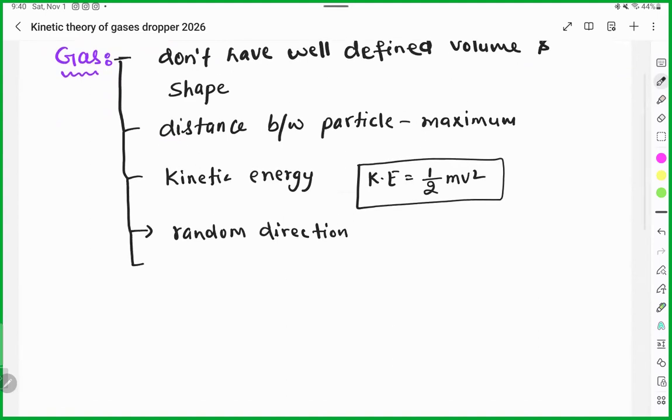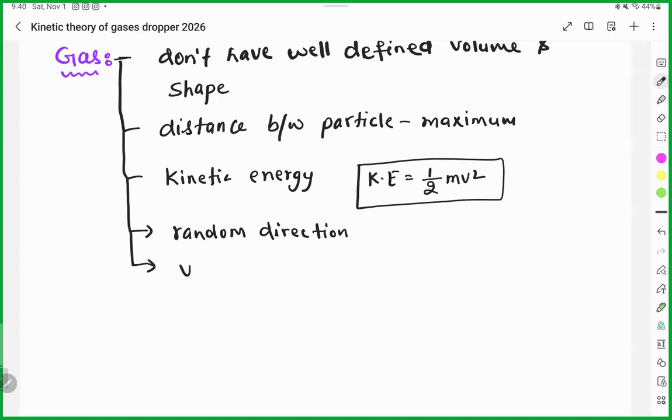Anvit, sorry, Arpit, other than this random motion, what are the different types of motion you can expect here? Which motions can happen in a random direction? Vibrational motion.